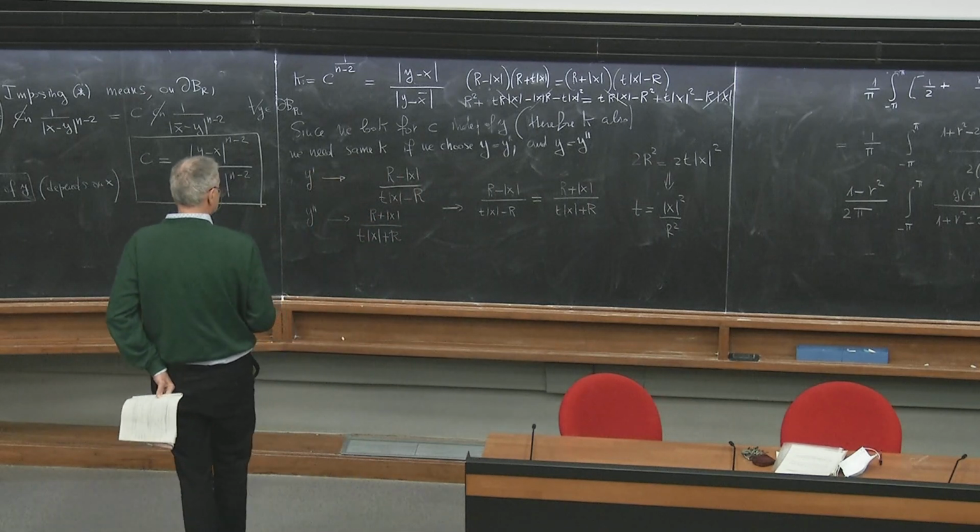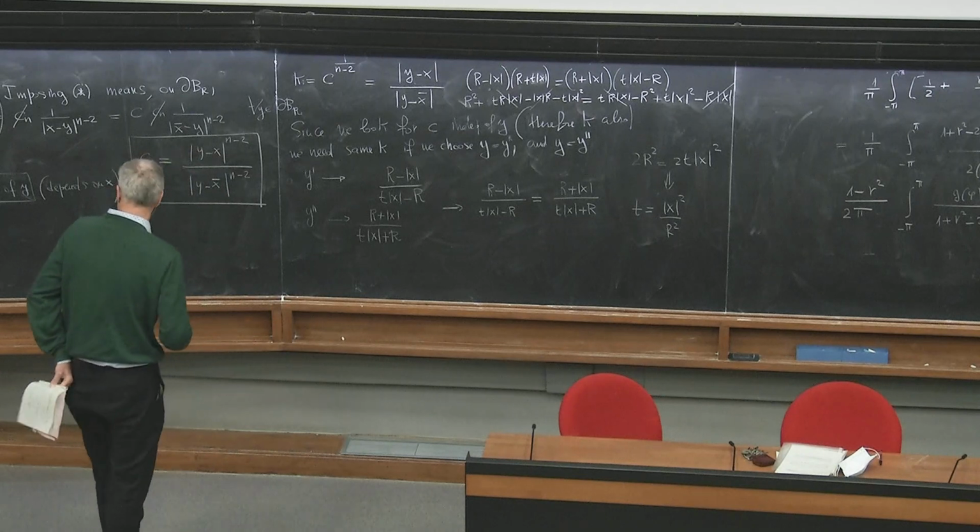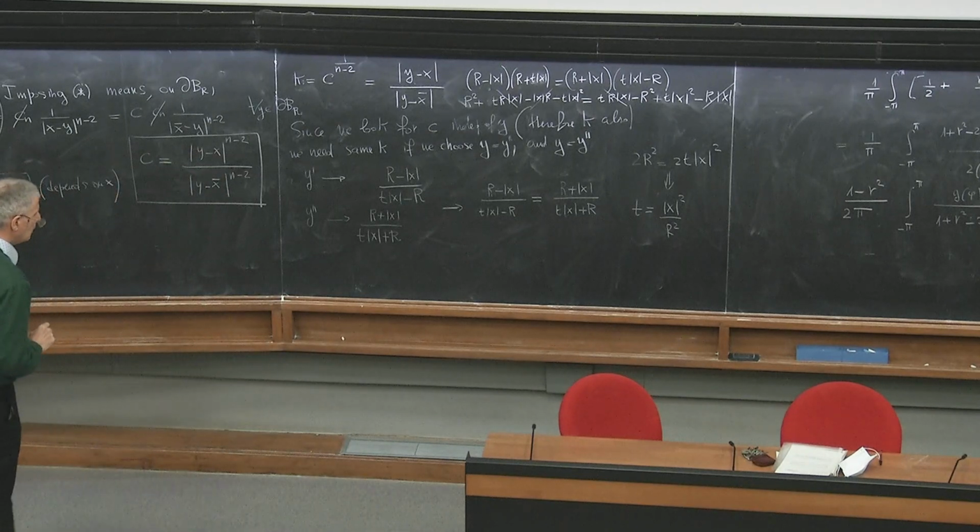So necessarily, notice that when x goes to the boundary, this t becomes 1. So this means that x bar, when I'm going to the boundary, tends to x itself.